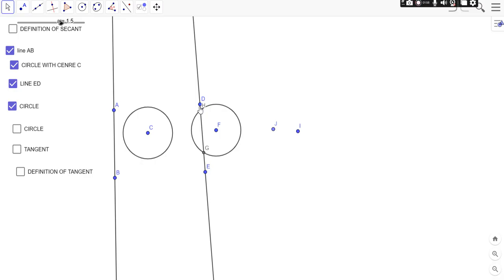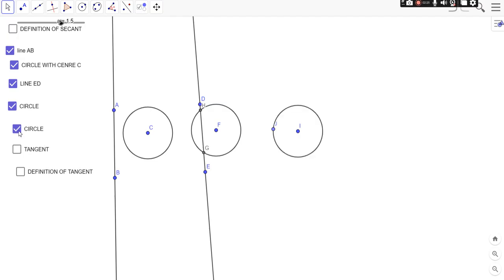So secant, particularly this line which is intersecting the circle at 2 distinct points on the boundary of the circle, namely H and G. So this line is called secant of the circle. Right? Now in this situation we can see circle and the line have 2 common points. So this is the second situation.